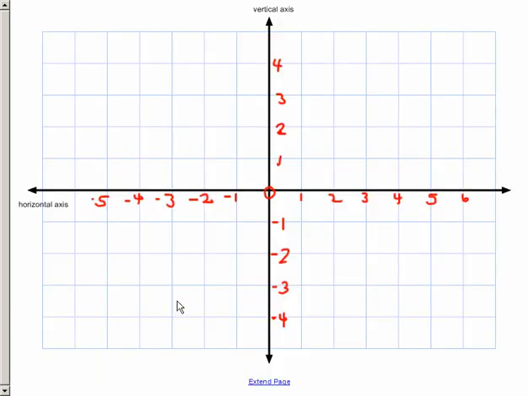So again, here's our rectangular coordinate grid. It names points in a plane. We said we needed to know the vertical and horizontal axis. Here is our vertical axis. Here is our horizontal axis. Together, these two lines are called axes, A-X-E-S.